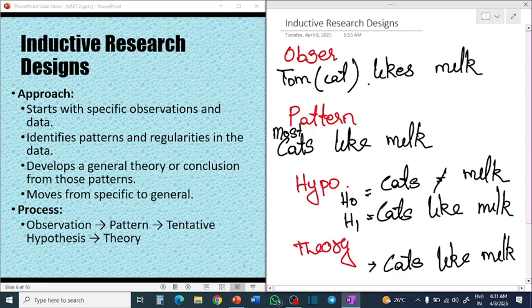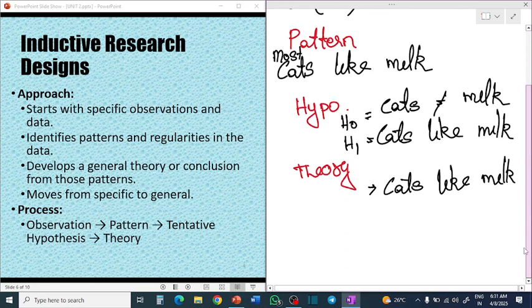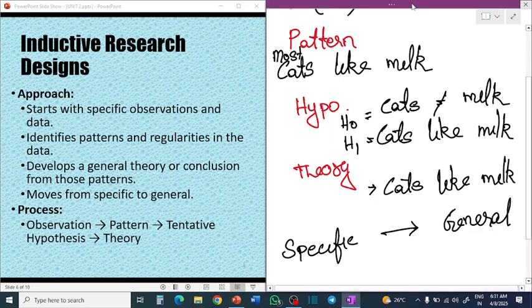So in this inductive research design, observe one thing very carefully, that we went from specific to general. What is the specific?